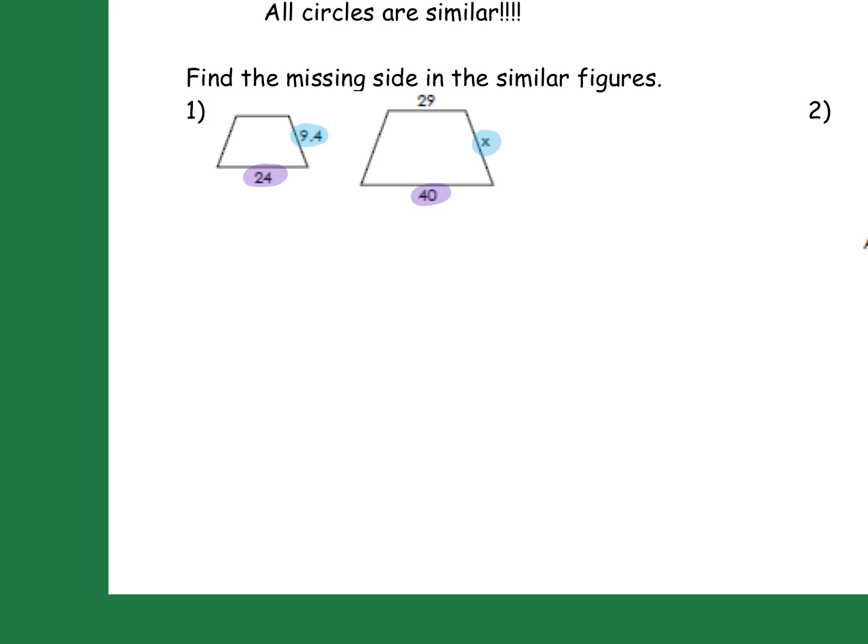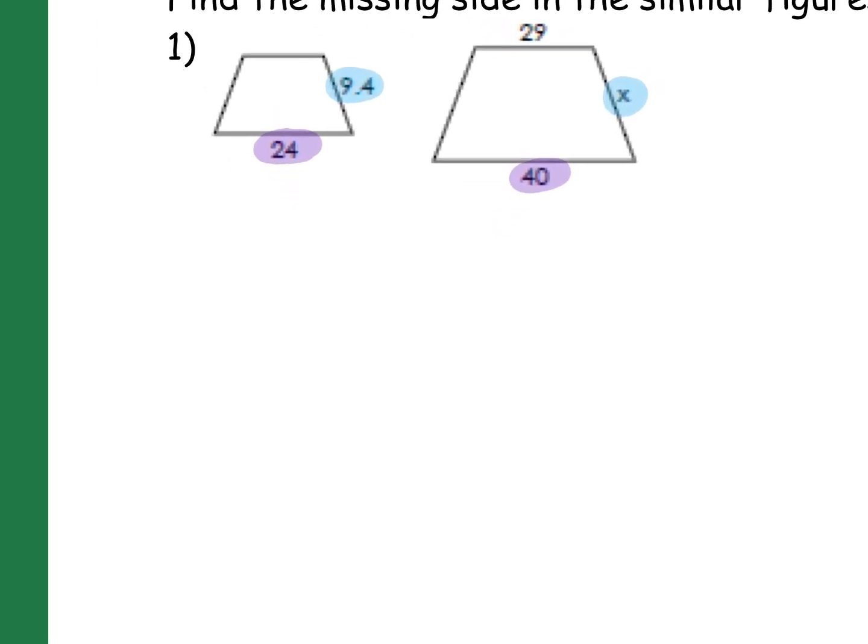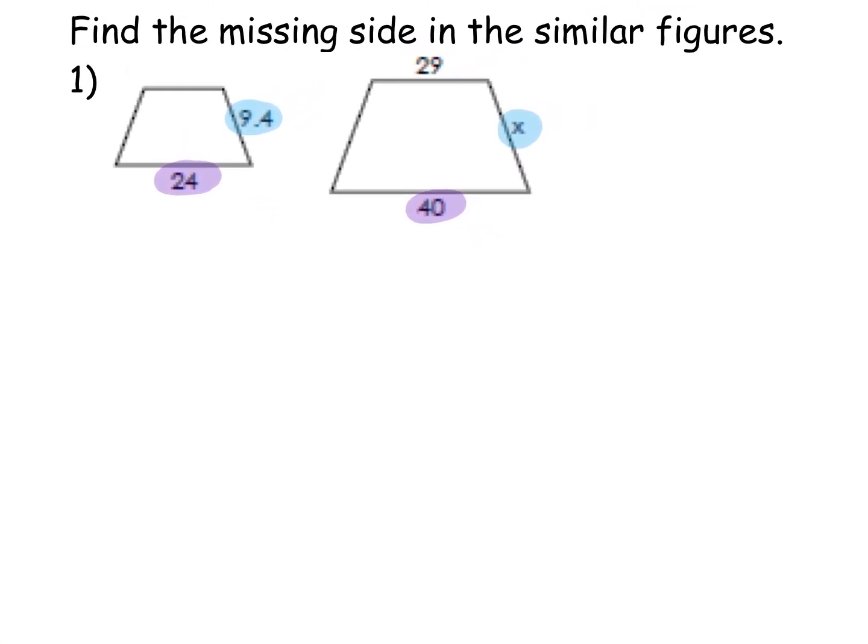And I can set my proportion up two different ways. I'm going to make this a little bigger so the guys in the room here can see it. I can say X over 9.4 equals, and since I started with the X, this one on the top, this one also has to be on the top, 40 over 24.